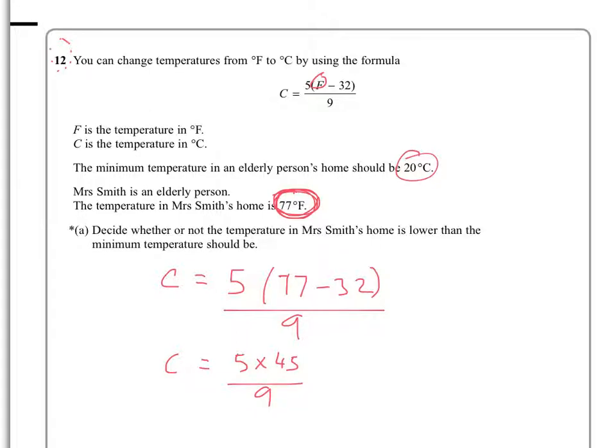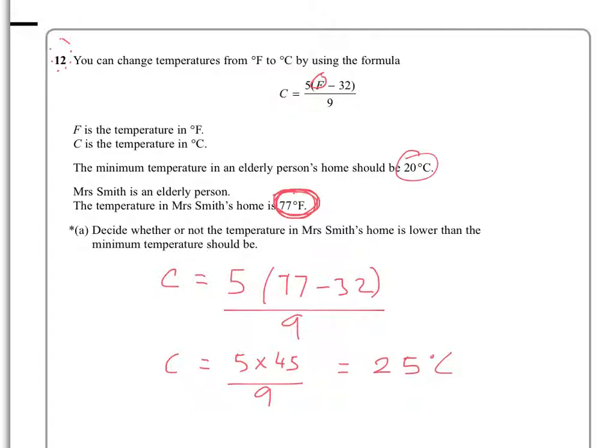And the final answer there, we've got to work it out somehow. You've got to be a little bit careful with that. Maybe do 5 times 45 first and then divide by 9, or there's other methods as well, but we're going to end up with 25 degrees C as our final answer. So decide whether the temperature is lower than the minimum temperature. No, it's perfectly fine, it's 25 degrees.